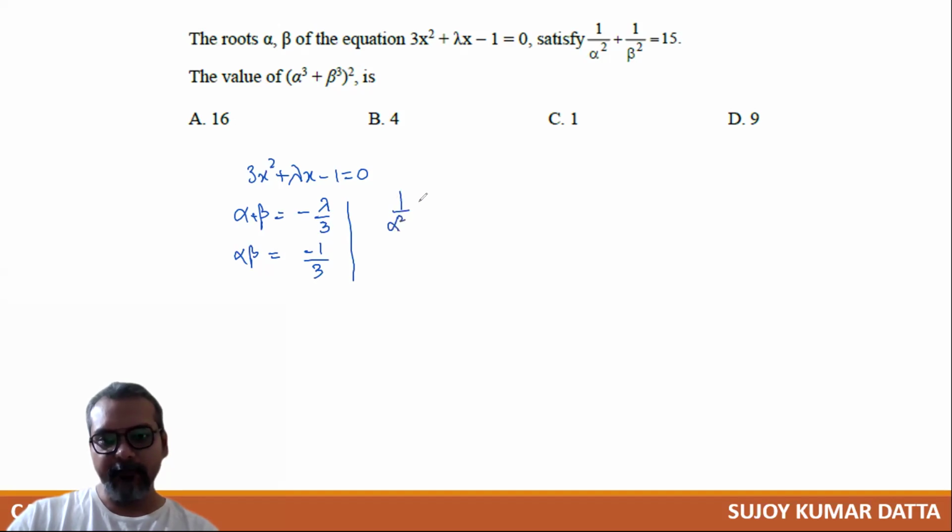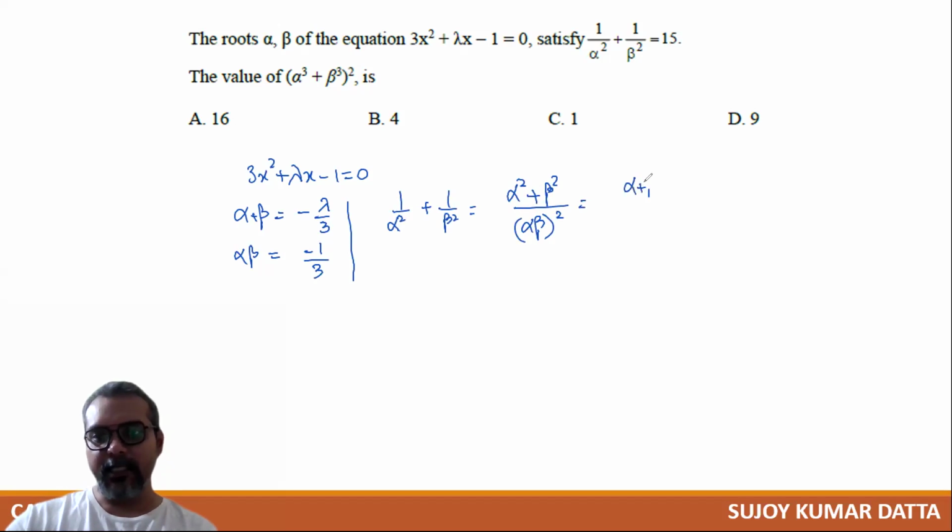Now, 1 over alpha squared plus beta squared would be, if I simplify it, alpha squared plus beta squared over alpha beta whole squared. So on top, this can be written as alpha plus beta whole squared minus 2 alpha beta, because I know these two only, right? Divided by alpha beta squared.